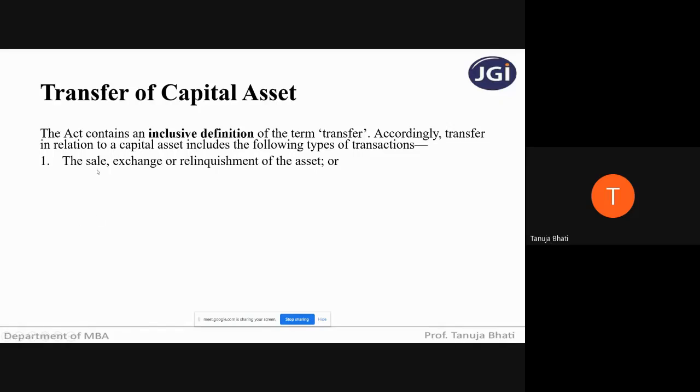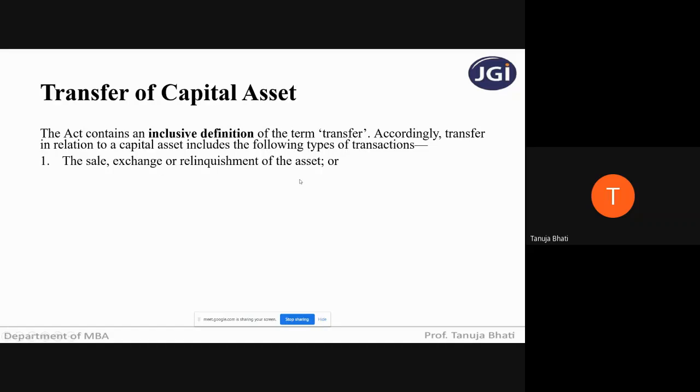Now, what is a sale? You all know the meaning of sale, where there is a transfer of title from one party to another. What is the meaning of exchange? Exchange means barter, where there is a mutual transfer of ownership of one thing for the ownership of another.